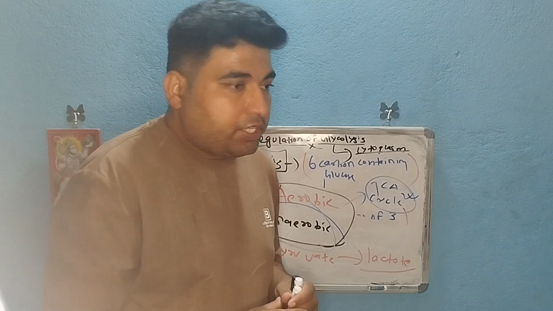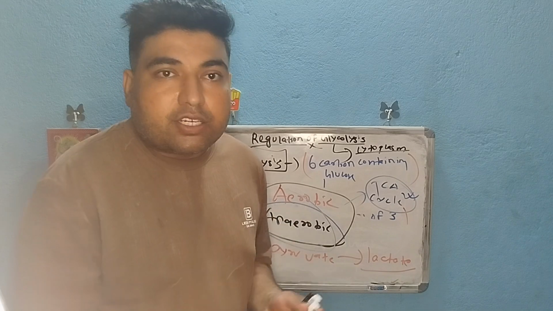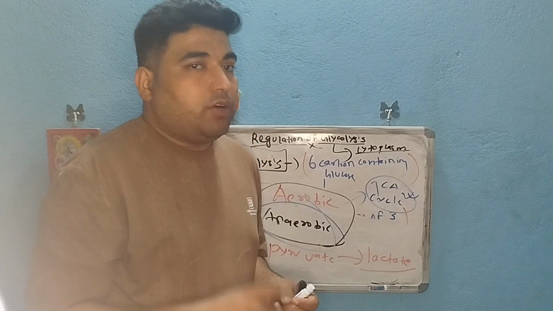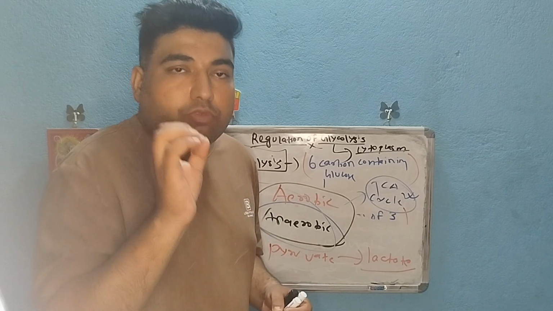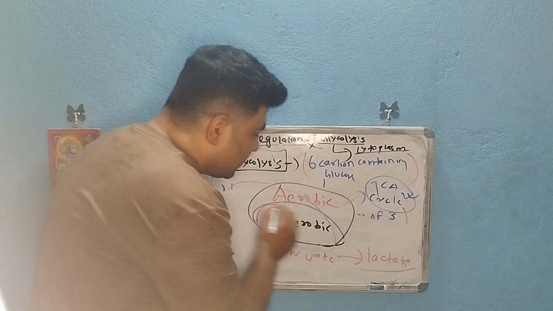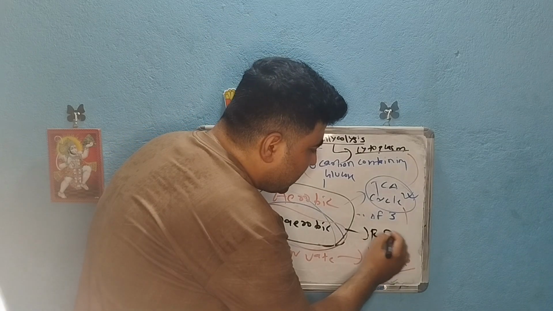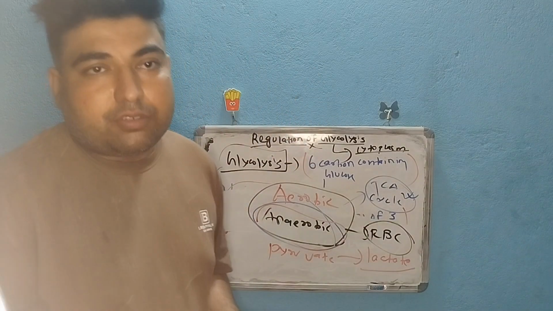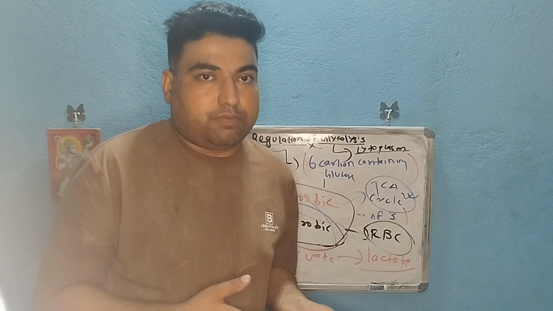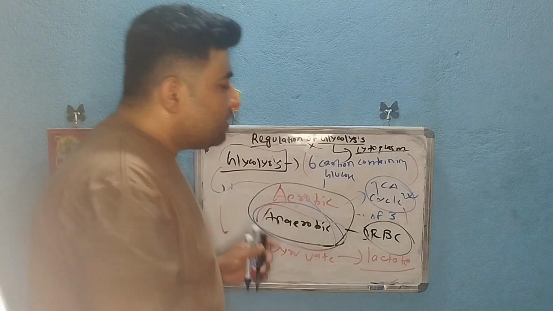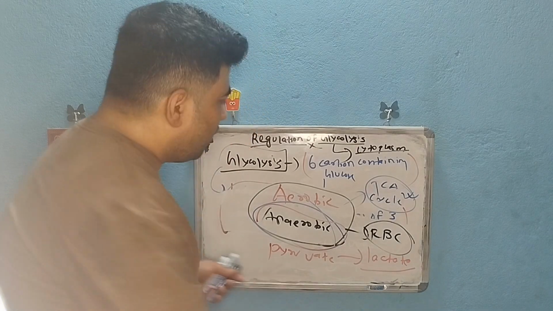There is also a cell that solely depends upon anaerobic respiration, and that cell is the RBC, because the RBC lacks mitochondria. So no aerobic respiration can happen there. The fate of pyruvate is decided by the availability or unavailability of oxygen.